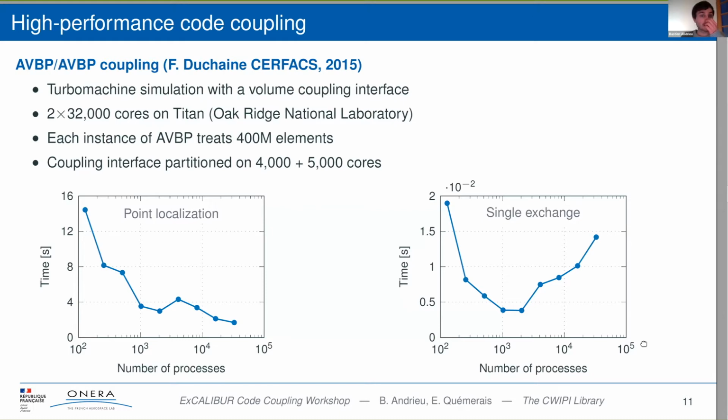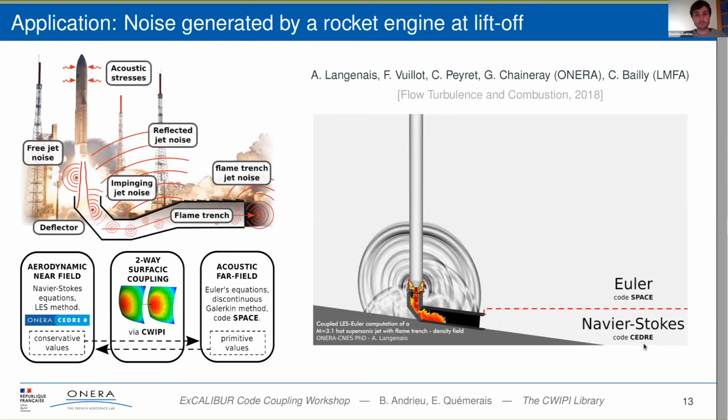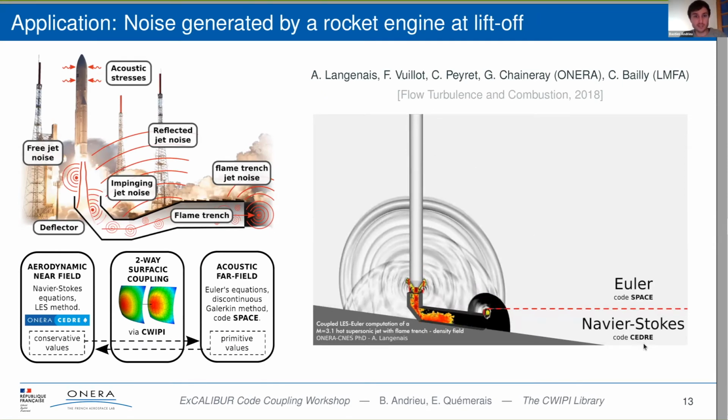So now I'd like to show you some nice examples of applications which are quite diverse, and I think illustrate quite nicely the range of what you can do with CWIPI. I hope you can see all the nice animations.